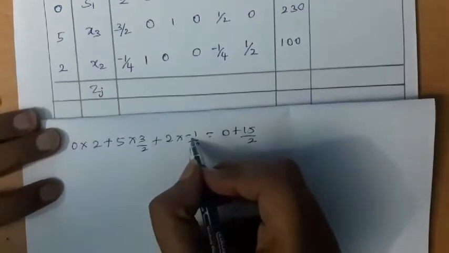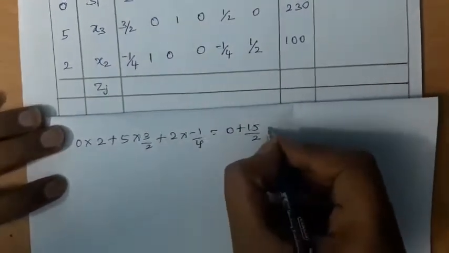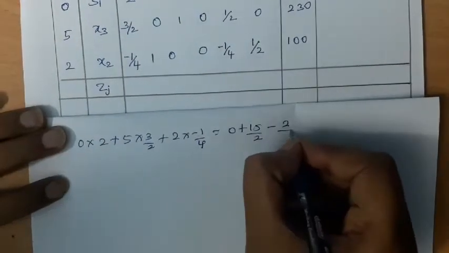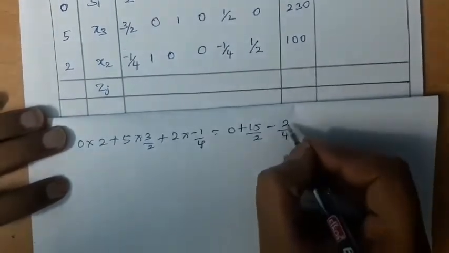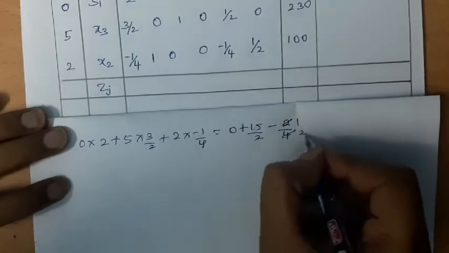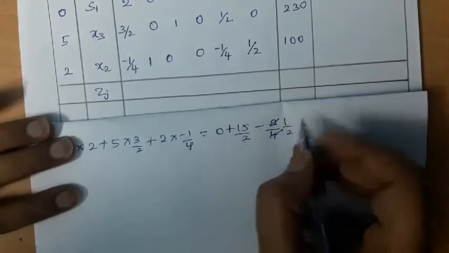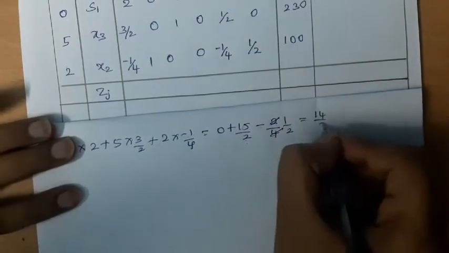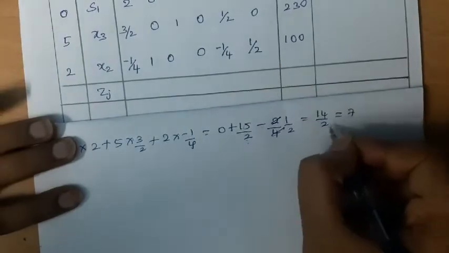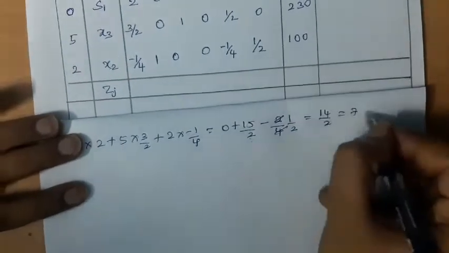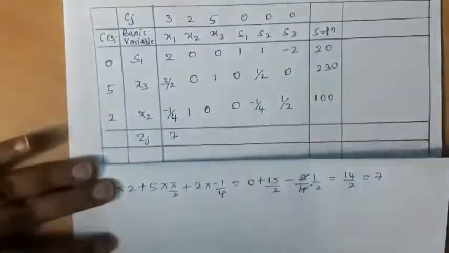Next, 2 into minus 1 by 4 becomes minus 2 by 4. So this gets cancelled: 2 1s are 2, 2 2s are 4, so 1 by 2 we get. So 15 by 2 minus 1 by 2. Denominators are the same, so 15 minus 1 is 14 by 2. So this gets cancelled 7 times, and we get 7. So write down here 7.